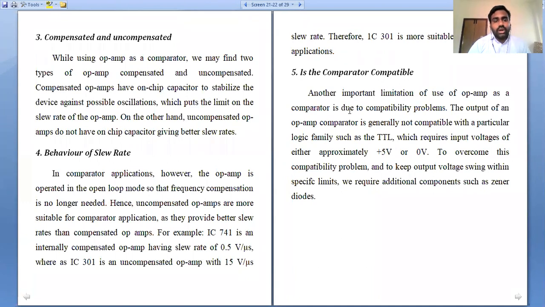Okay, so in order to eliminate this compatibility problem, we use additional components like Zener diodes in the feedback circuits. This Zener diode will make the comparator more compatible, and we can see a proper output voltage swing.